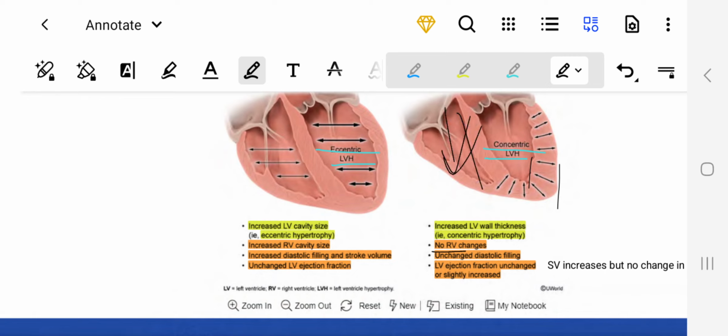But if you look at this case, the wall thickness is not increased. Instead, the cavity size is increased, right? The right ventricle is also increased in size. This is one difference.